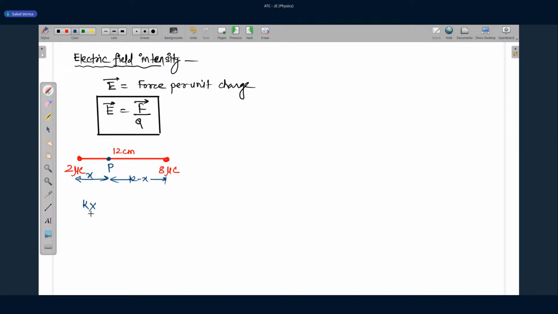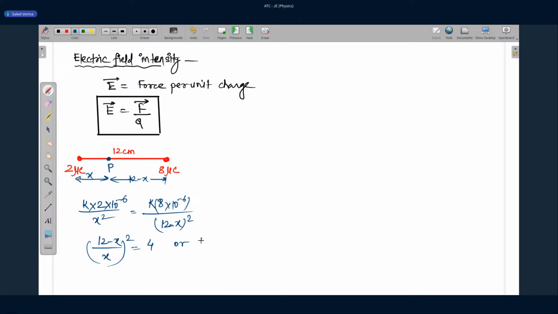It is k into 2 microcoulomb, that is 2 into 10 raised to power minus 6, divided by x square. And because of the 8 microcoulomb, it is k into 8 into 10 raised to power minus 6 divided by 12 minus x whole square. So the constants cancel and we get (12 minus x) upon x whole square equal to 4.